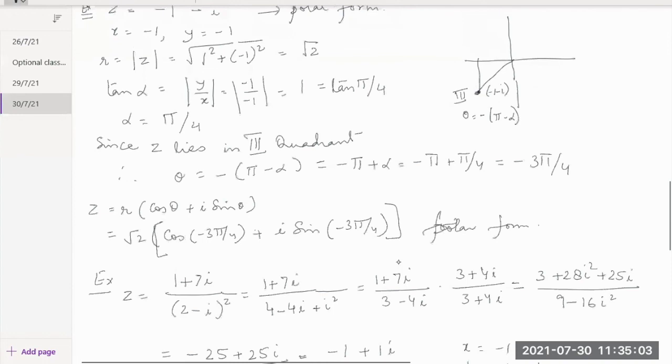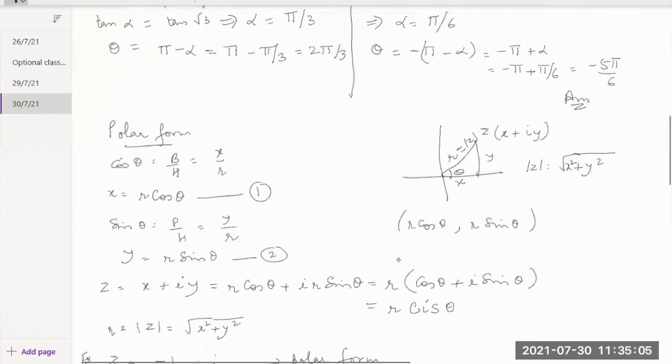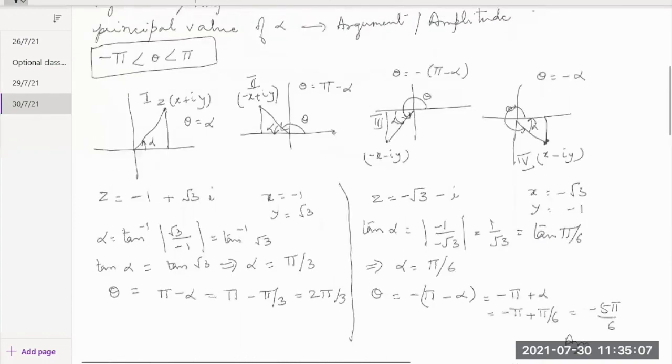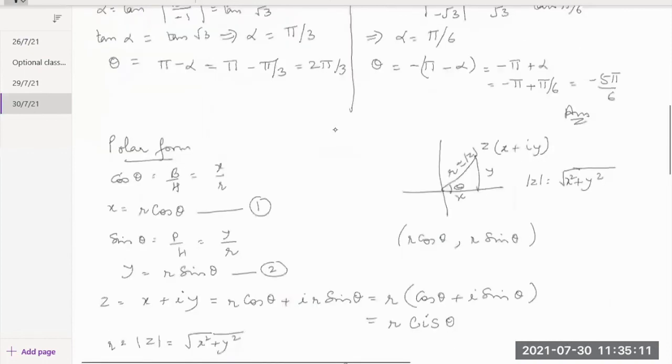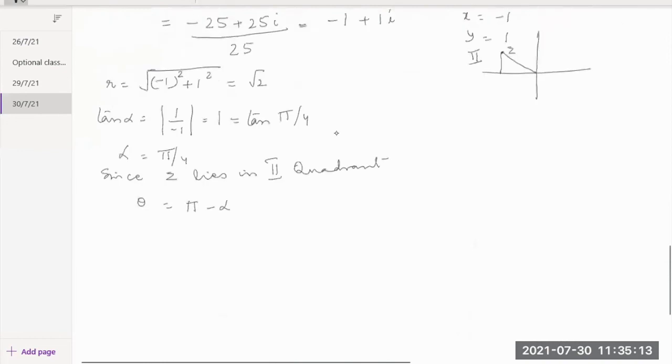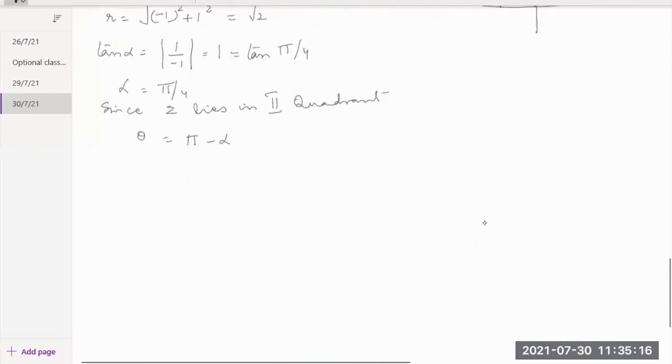Second quadrant meant I was here, in this diagram. So theta is equal to pi minus alpha. If you just learn up the diagram clearly, you will get the answer always. Now, pi is pi, alpha is pi by 4, and you get 3 pi by 4. This is your theta over here.